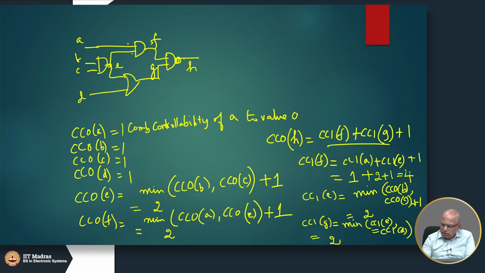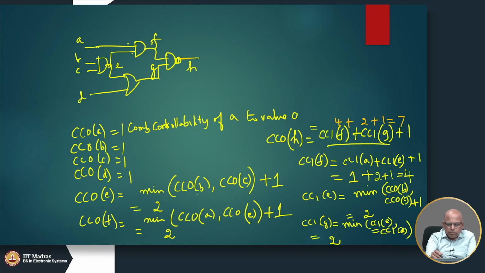So, if you plug that in here, you will get the answer as CC1 of f is 4 plus CC1 of G is 2 plus 1. So, it is 7.